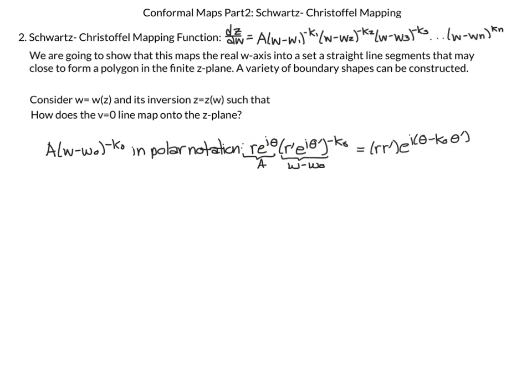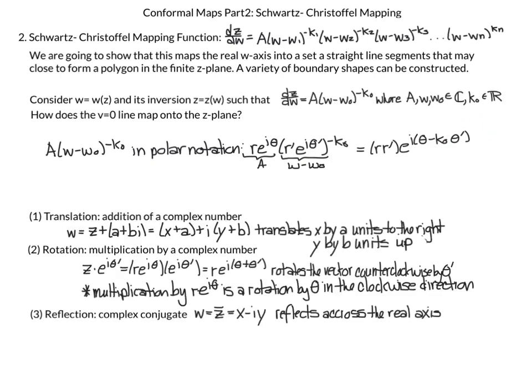Algebraically, we do the multiplication. We can group the radii together, r prime, then we'll have e to the i theta plus theta prime. Oh, and this theta prime also gets multiplied by the minus k naught. So we have theta minus k naught theta prime.